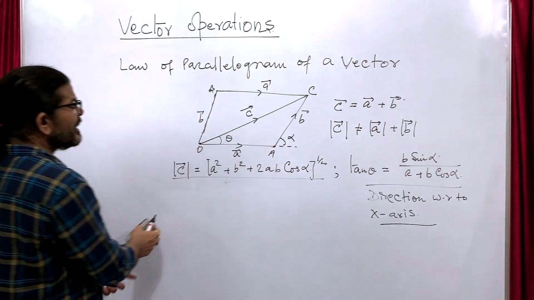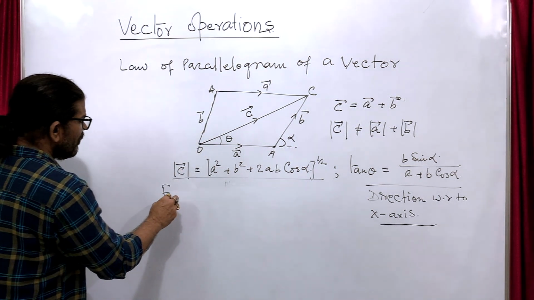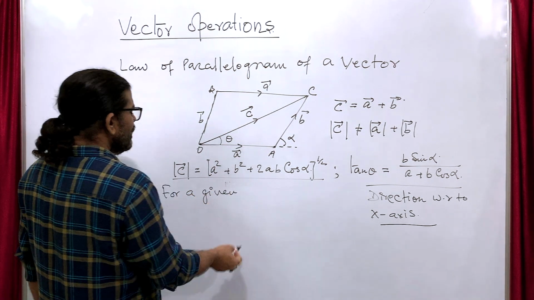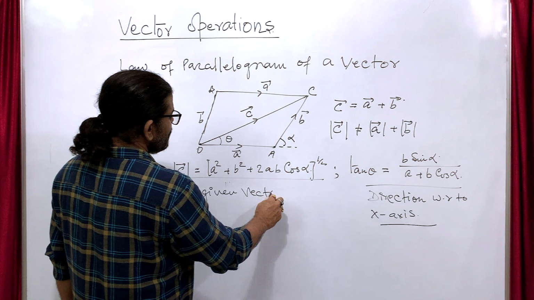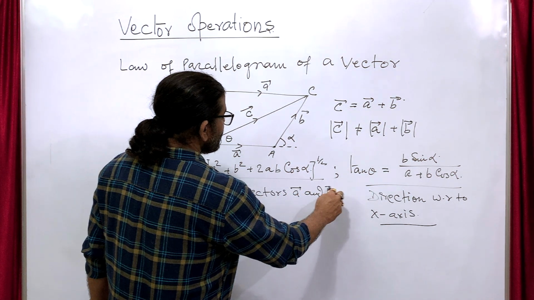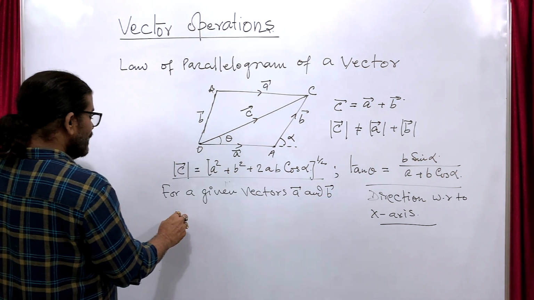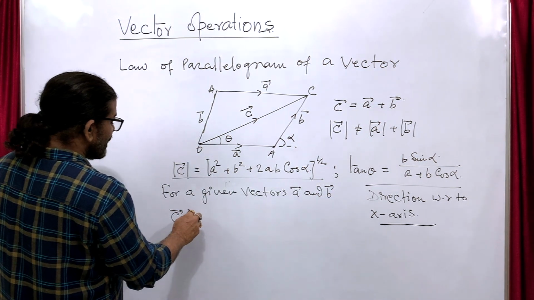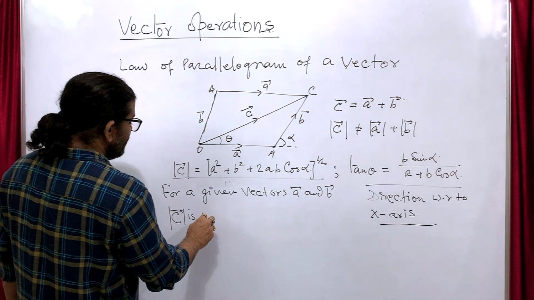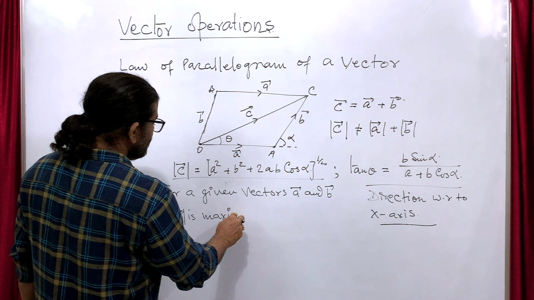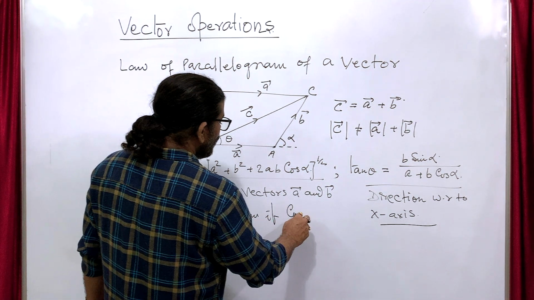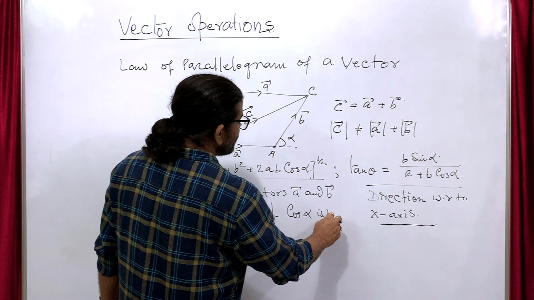Now see, for given vectors A and B, the measurement of C is maximum if cos of alpha is maximum.